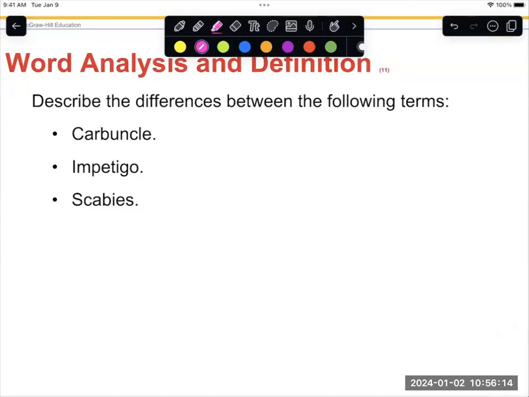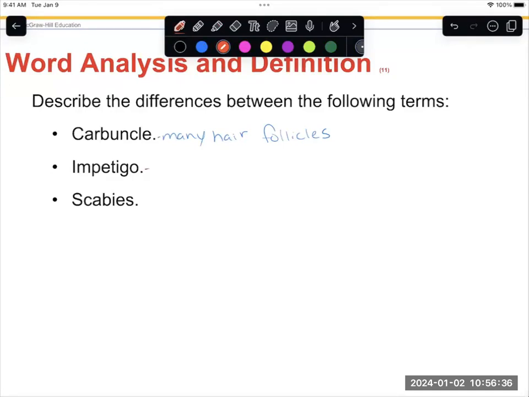Carbuncle is an infection of many hair follicles in a very small area, often on the back of the neck.